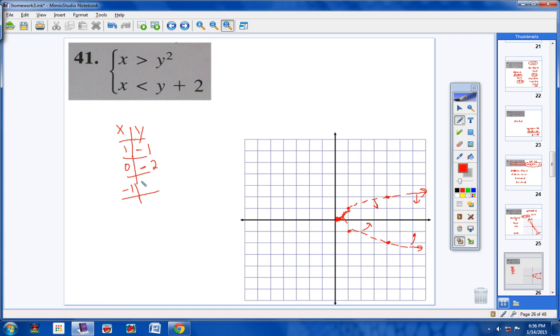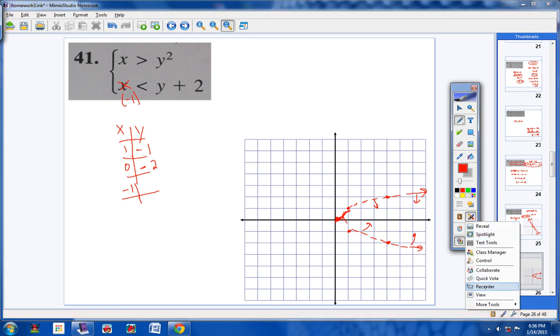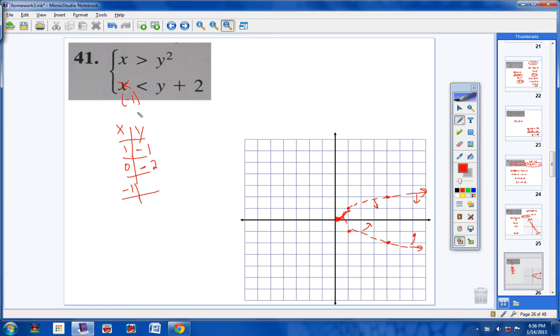Okay, now we'll put a negative 1 in for x right here. Bring the negative 1 over. Put negative 1 in for x, bring the 2 over, make it negative. That would give you a negative 3.